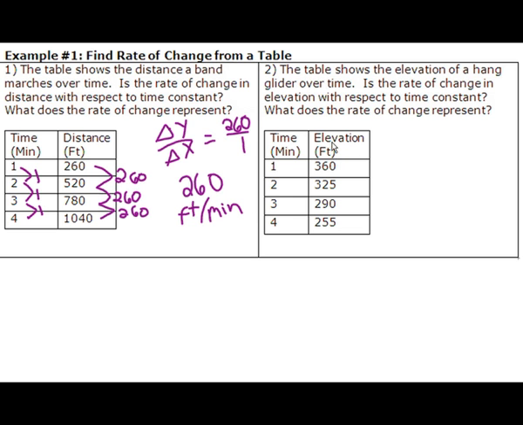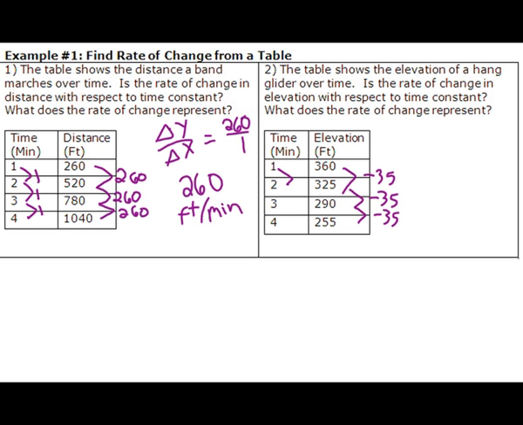So let's look at the second example. The table shows the elevation of a hang glider over time. Is the rate of change in elevation with respect to time constant? What does the rate of change represent? If I look at this one, from 260 to 325, we're actually going down 35, so I'm going to use a negative. 325 to 290, we're going down 35. From 290 to 255, we're going down 35.